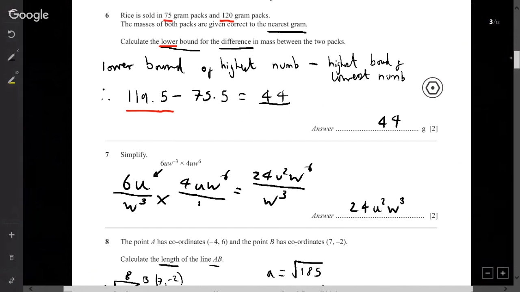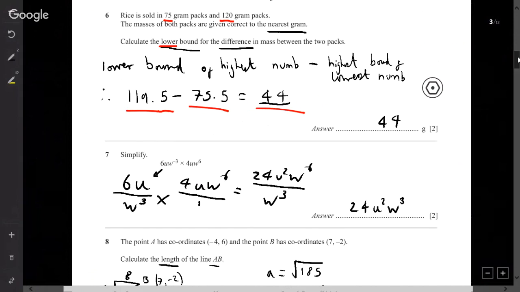The reason we're doing this is because that's the lowest for the total difference in mass. If we'd done the lower bound minus the lower bound, that wouldn't be the absolute minimum. That would be a little bit higher than this one, if that makes sense. So all we do is 119.5 minus 75.5, and that gives us the answer of 44.